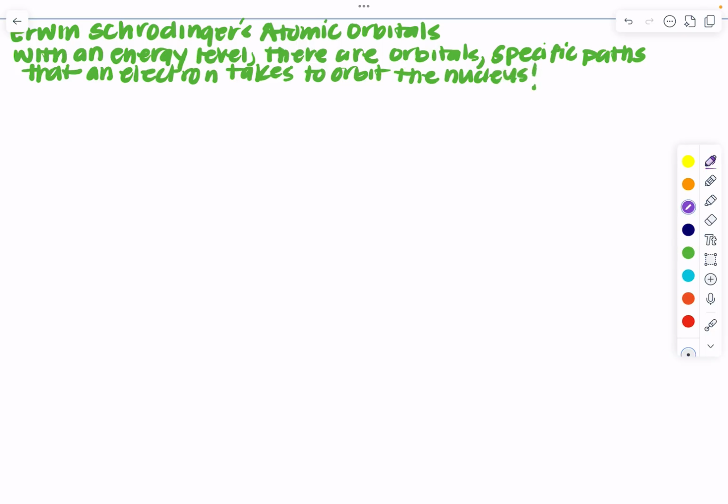And Schrödinger calculated this based on the amount of energy and attraction between the electrons and the protons. He also used quantum mechanics to understand that, given the energy already within the energy level plus the attraction of the nucleus, the electrons have to be moving in a certain shape, depending on where they are in the atom.